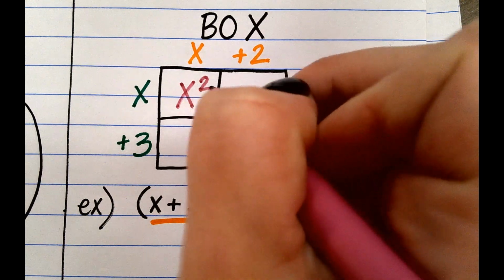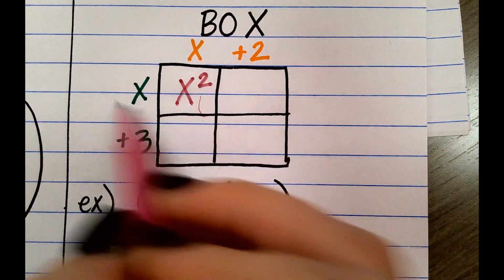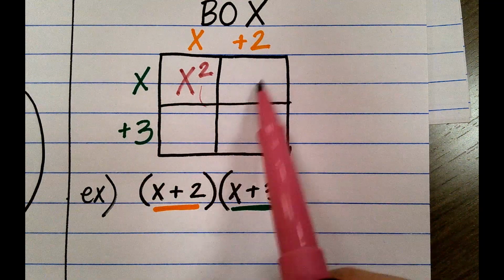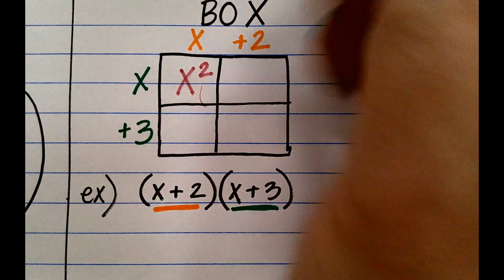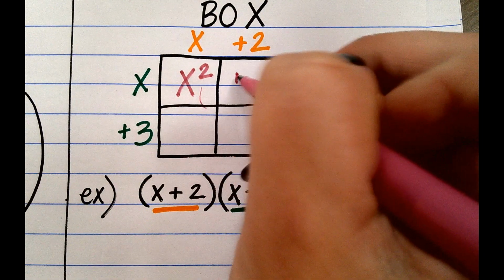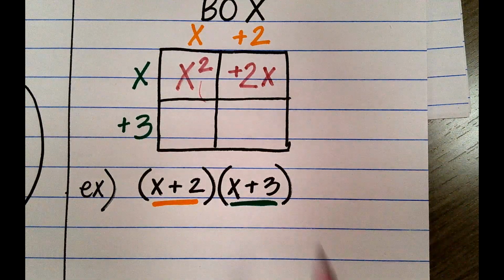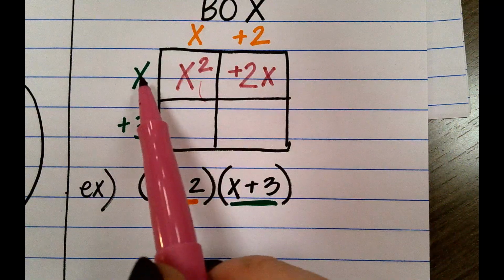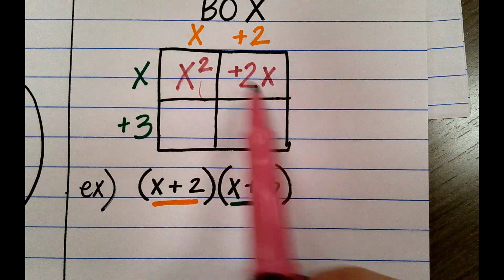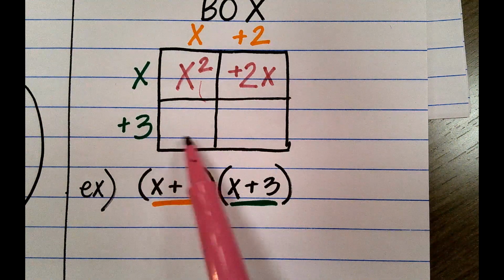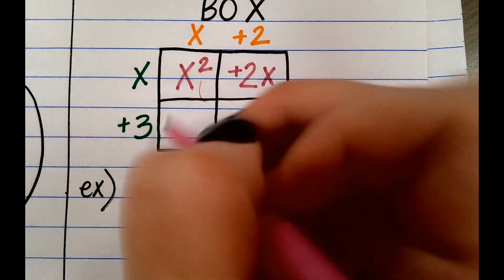X times x, that's x squared. Now x times 2. 2x. And if it helps, you could even bring down that little plus 2x. I've done my x times x times 2, done with the x. Move down to 3. 3 times x is 3x.